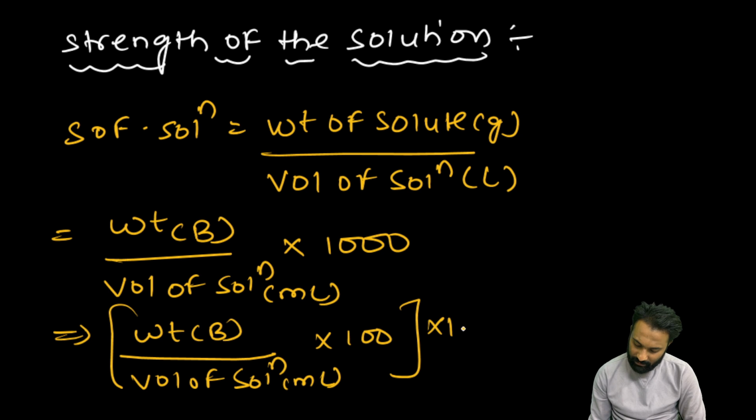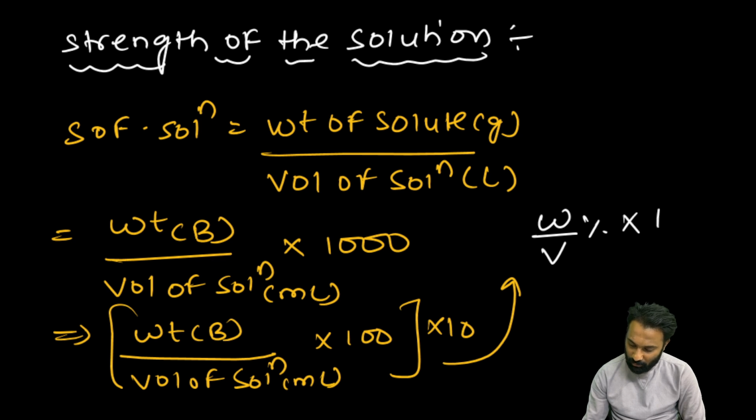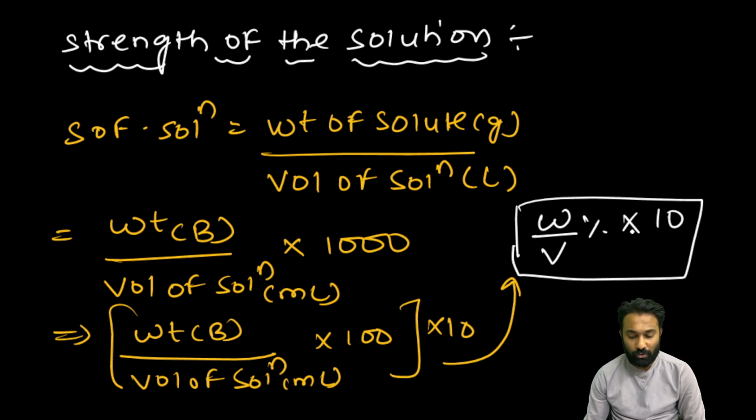This 1000 I write as 100 into 10 for our mathematical calculation purpose. So weight of the solute by the volume of the solution in ml into 100, what is that? Just now we studied, that is W by V percentage, right? W by V percentage into 10, can I write? This we are going to use in relationship with the molarity.